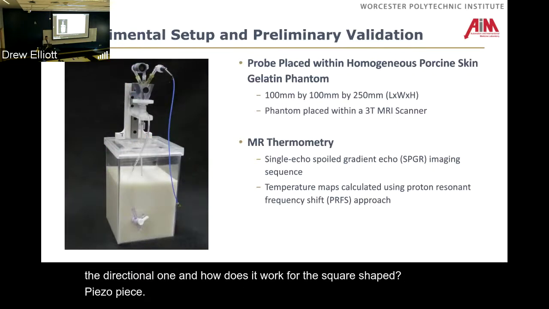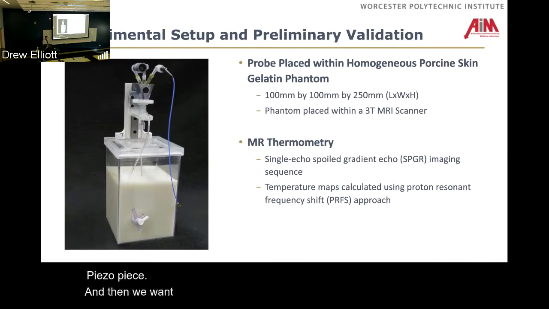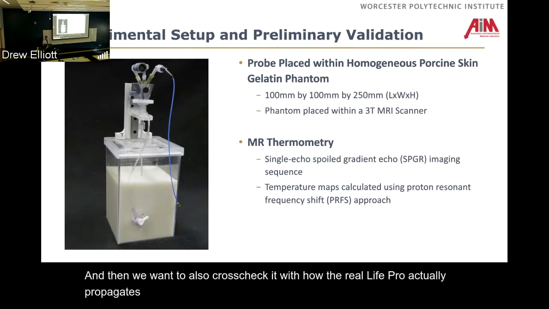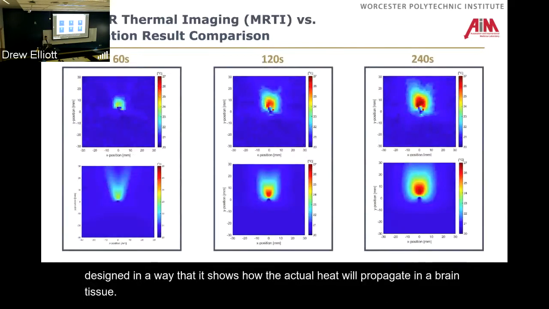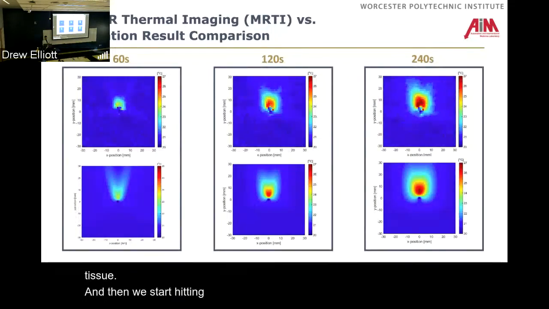And then we also want to cross-check it with how the real-life probe actually propagates heat. For that, we use a milk phantom, which is specifically designed in a way that it shows how the actual heat will propagate in brain tissue. And then we start heating the milk phantom and getting the real MRTI data from the scanner.